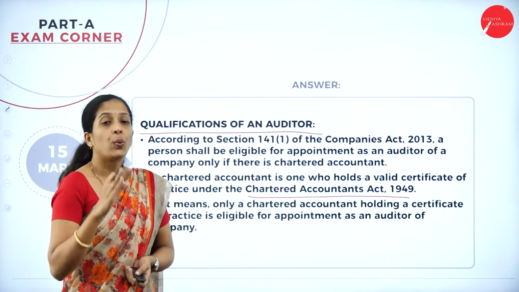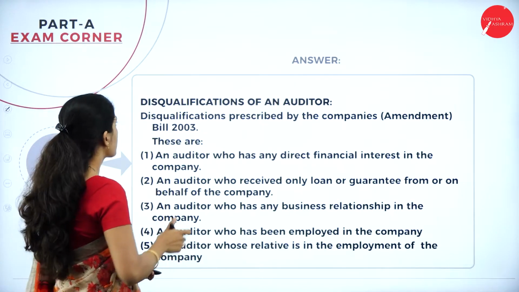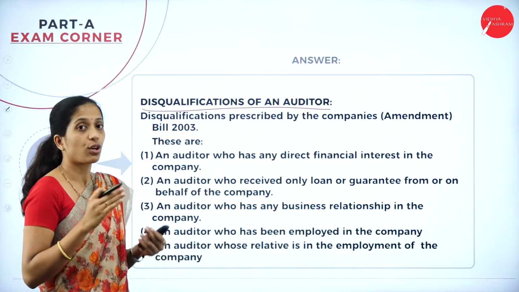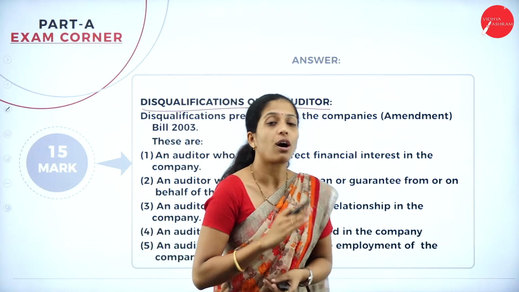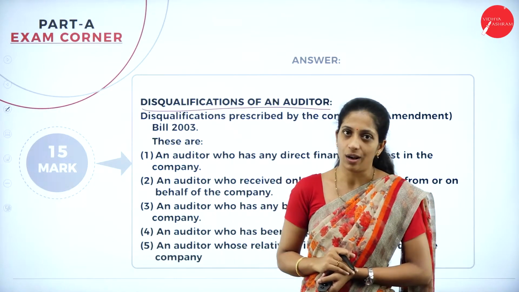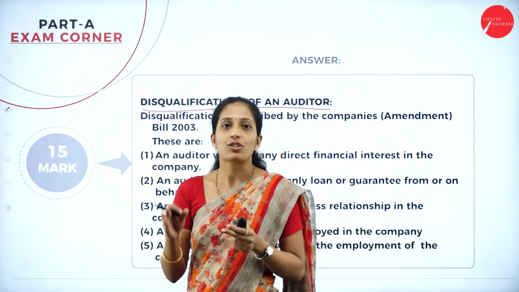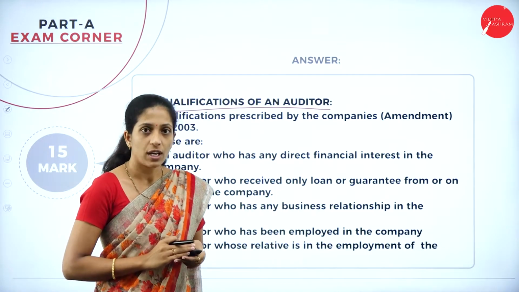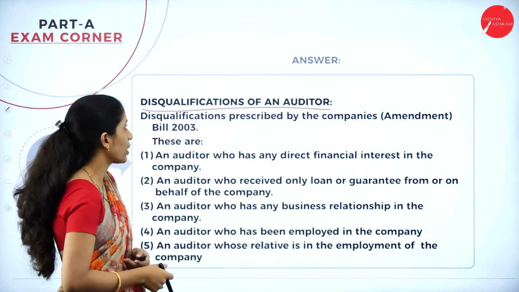So he should be very qualified as well as a chartered accountant. Next, disqualifications also. What would be the disqualification? To be an auditor of a particular organization, he should not have any relationship with the organization. He should be an independent person who does not have any touch with the organization. Only such a person will be appointed as an auditor of the organization.